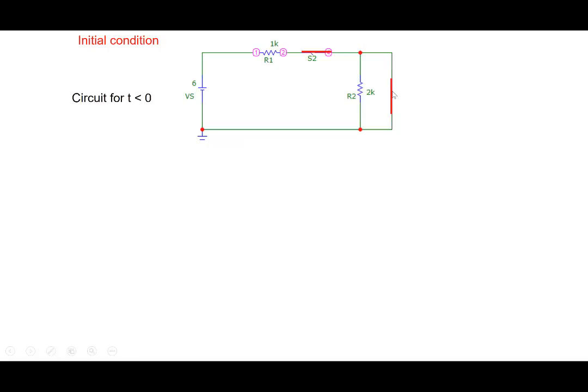Once it's a short, and it's in parallel with the 2K, you can forget about the 2K. So the current just before the switch is opened, I0 minus, will be equal to Vs by R1. And that would be the same current through the inductor after the switch is opened, because the current through the inductor will not change instantaneously.